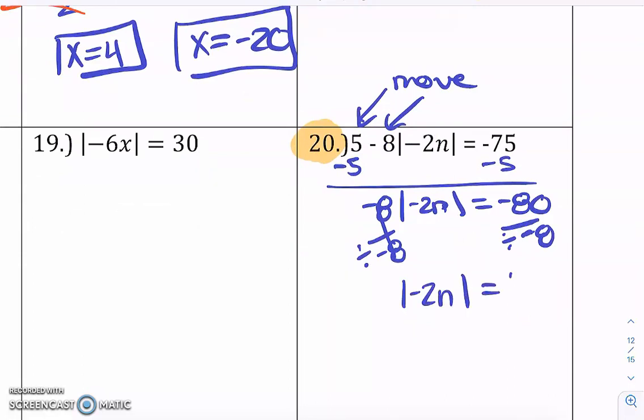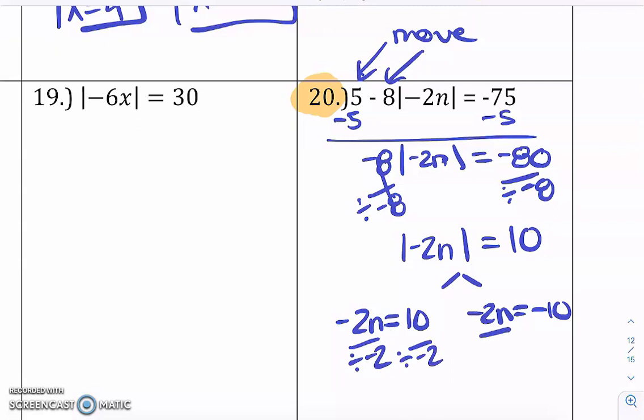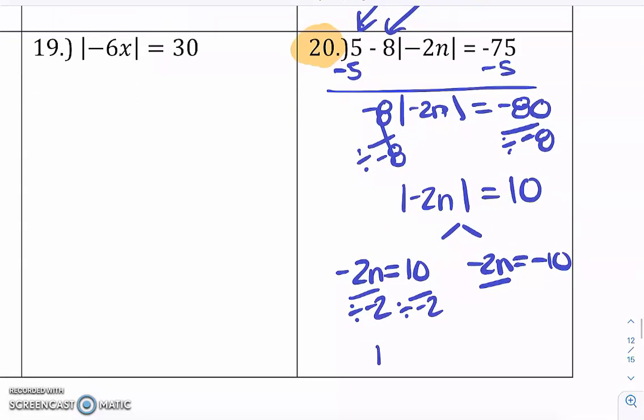And then you do it on the right. So you get 10. Split it into your two equations. So negative 2n could equal 10. Negative 2n could equal negative 10. And then divide by negative 2. So first answer you get negative 5. Second answer you get positive 5.